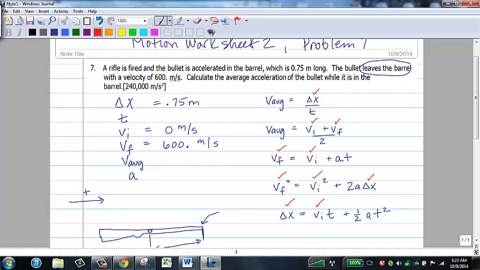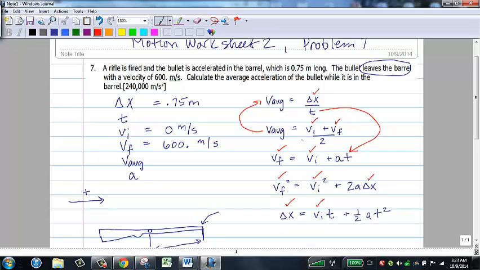So I cannot use the first equation. I'm missing V average and T. I could use the second equation to get V average, and then once I got the V average, I could use it up here to get T, and then once I got T, I could use it over here to get A. And that would be a 3-step process. Use the second equation to find V average.